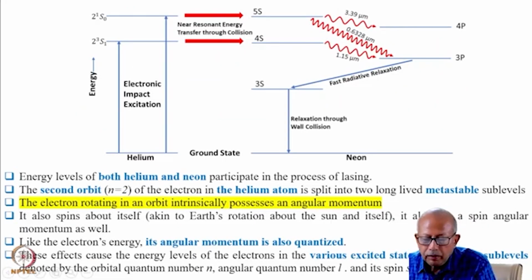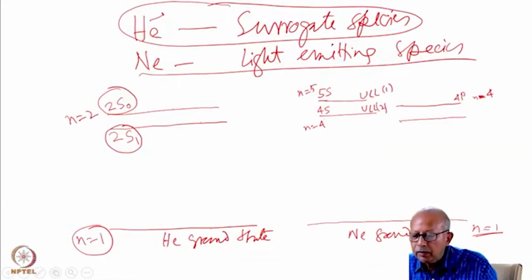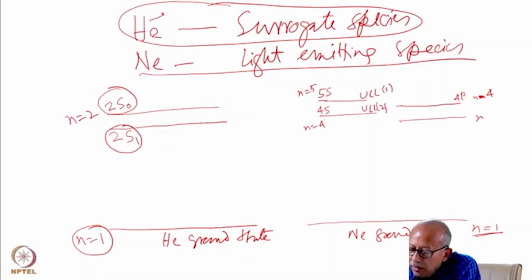And this is the second excited state, so n equal to 3, denoted as 3p.